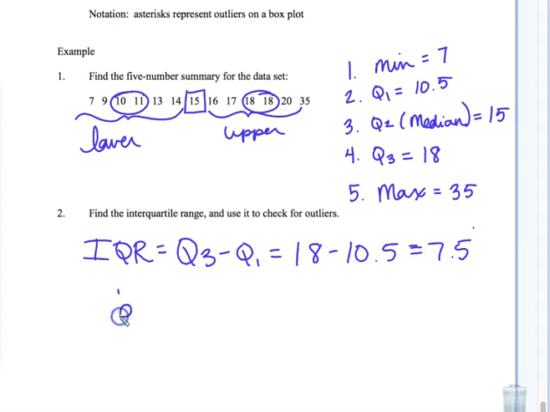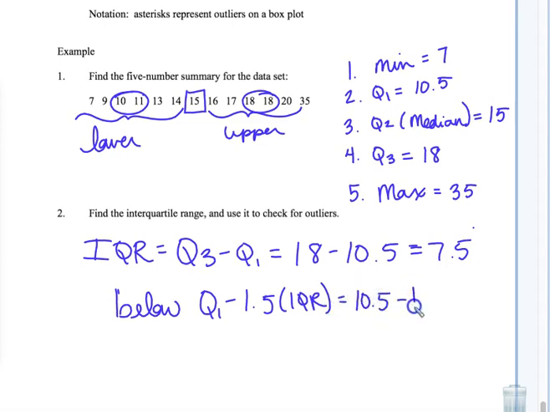What we do is we test: do we have any numbers below Q1 minus 1.5 times the IQR? That's really easy. Q1 is 10.5, minus 1.5 times the IQR, which is 7.5.